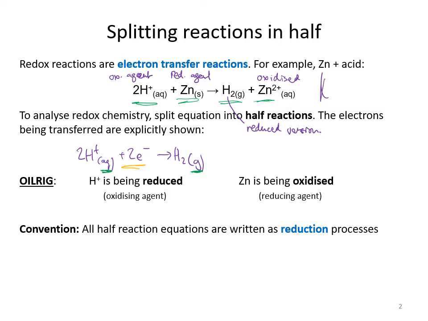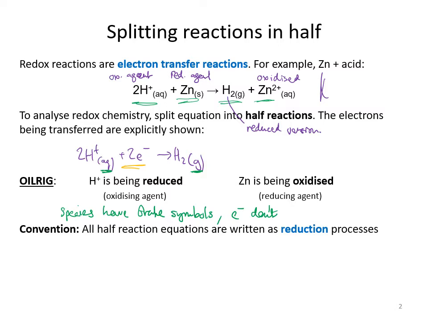So I'm just going to write that down here. Species have state symbols. Electrons don't, because electrons aren't stable in a solution. We can do the same thing for zinc.